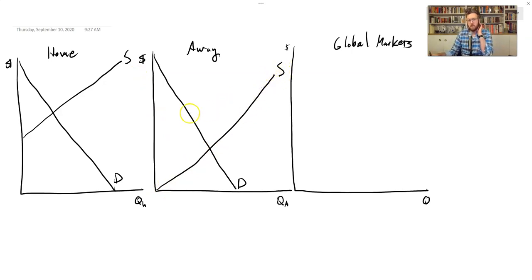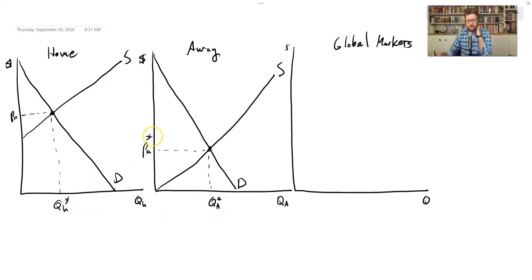Okay? All right, so what happens if there's no international trade? Well, in each of these markets, supply and demand equilibrate, and we have this price and this level of quantity. And in away, because supply is more plentiful, they have lower prices, even though they have the same demand, and they have more of the stuff to eat.